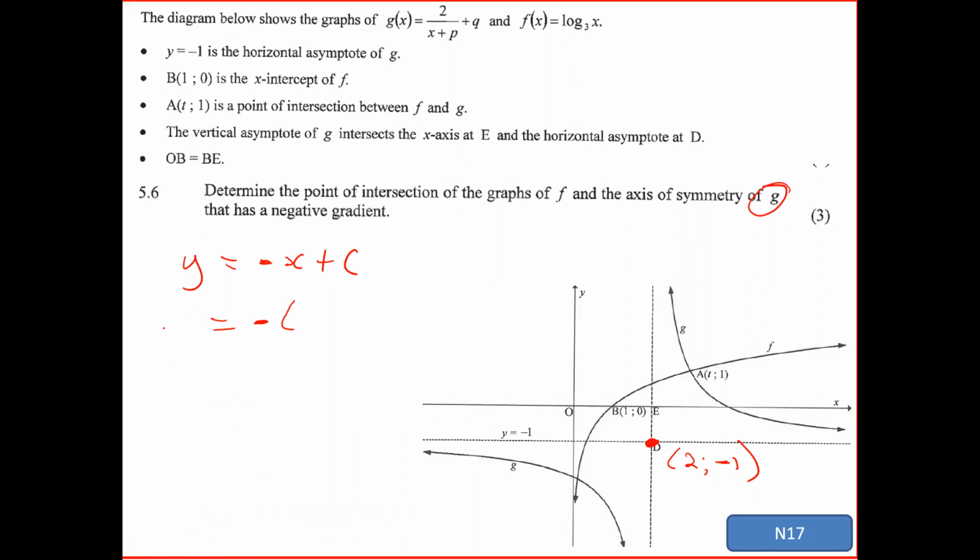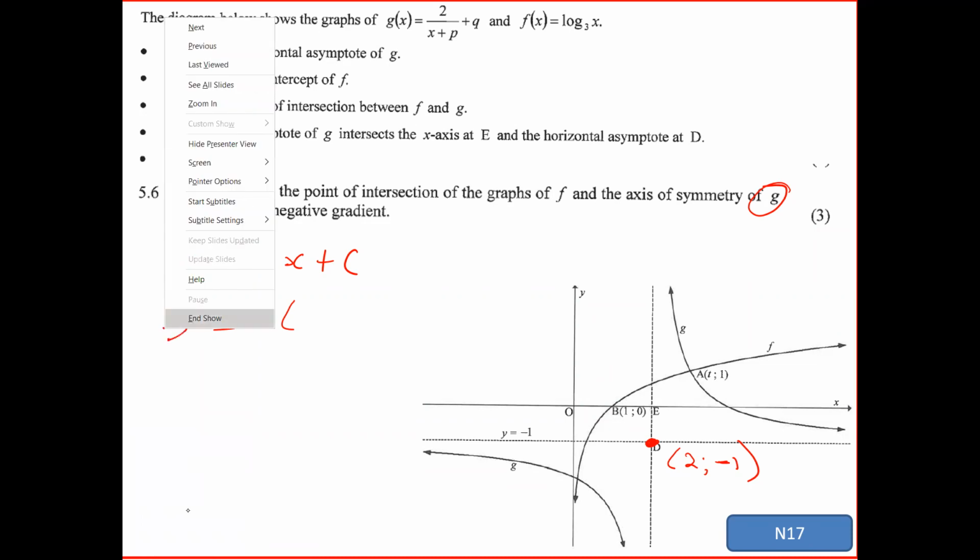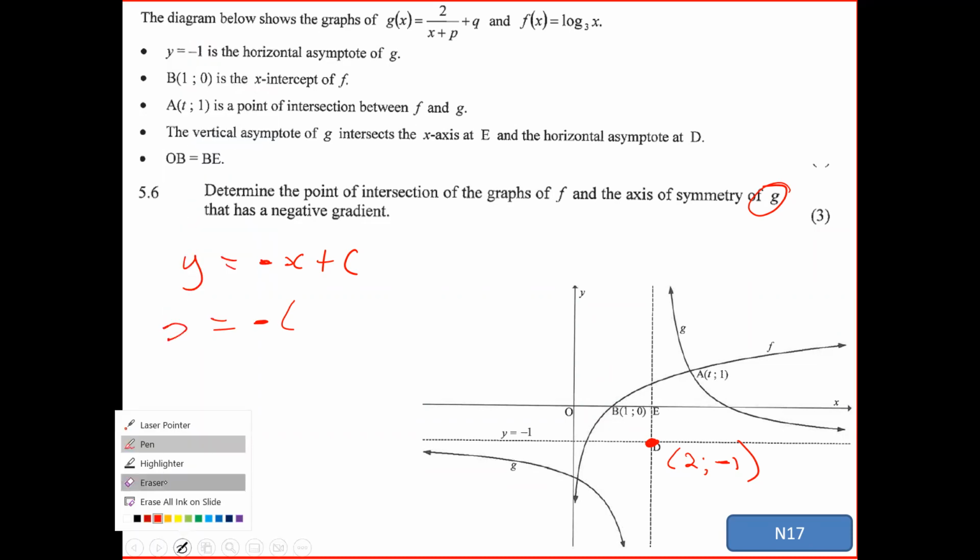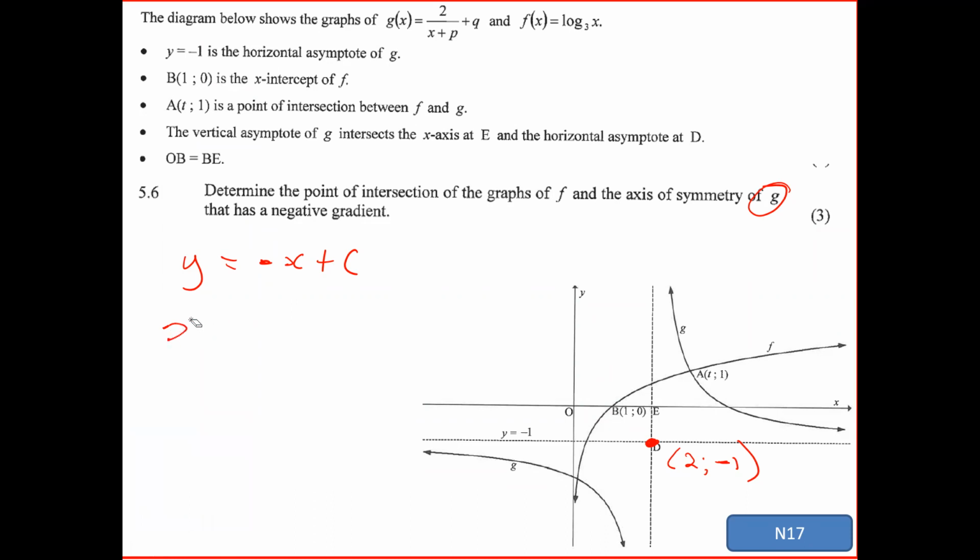So we have our Y to be negative 1, which is equal to negative, and our X value is 2, plus C. Take our C on, minus 2, and it becomes plus 2, which gives you C to be 1.